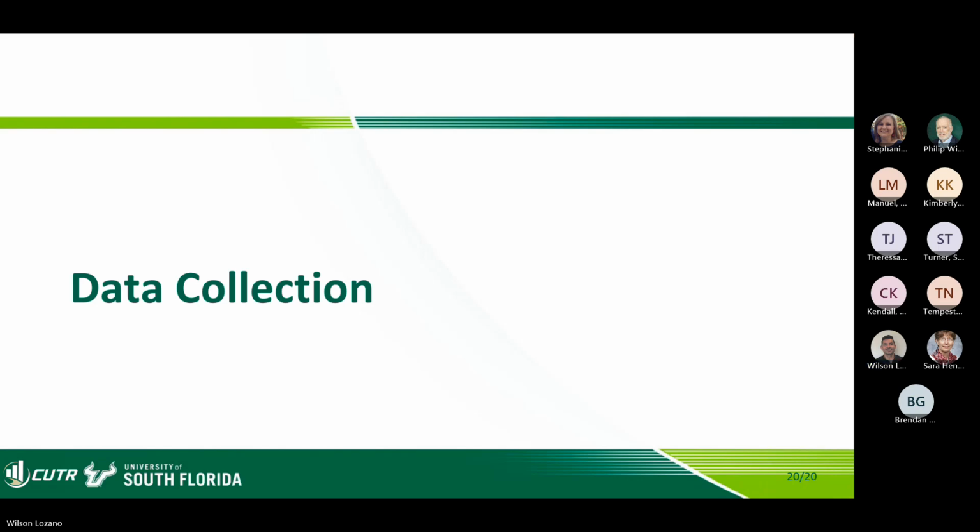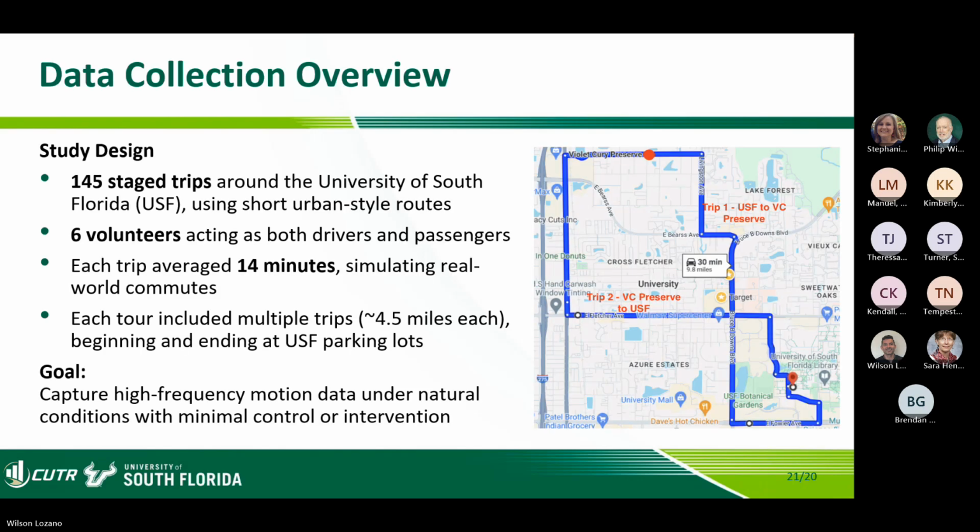Okay, let's go over data collection, a description of how we collected data. For the study design, we staged 145 trips around the University of South Florida using short urban-style routes. We had 6 volunteers acting as both driver and passenger, so every trip has at least 2 people in the car. One of them is driving, the other is a passenger, and each one had a device given to them.